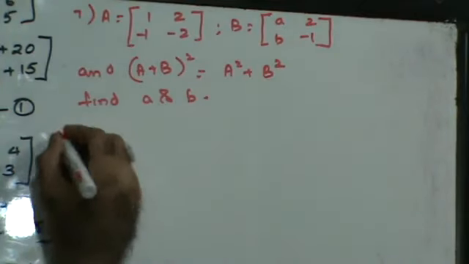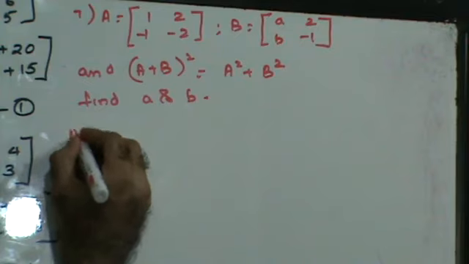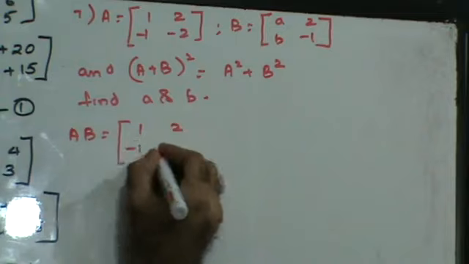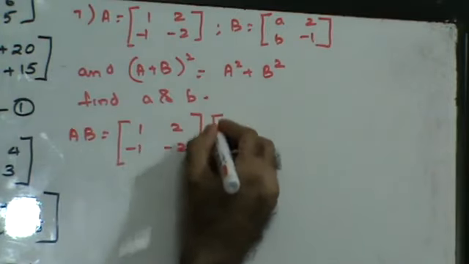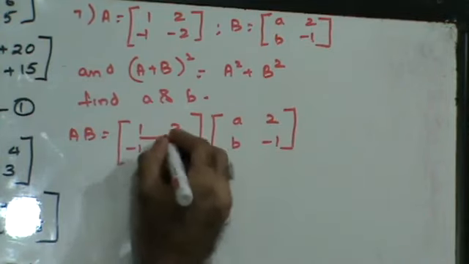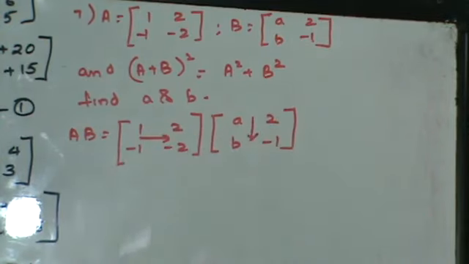Now, first let's find out AB. How do I find out AB? [1, 2; minus 1, minus 2] into [a, 2; b, minus 1], rows into columns.